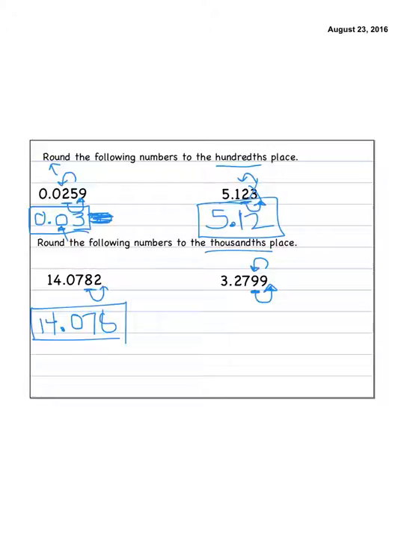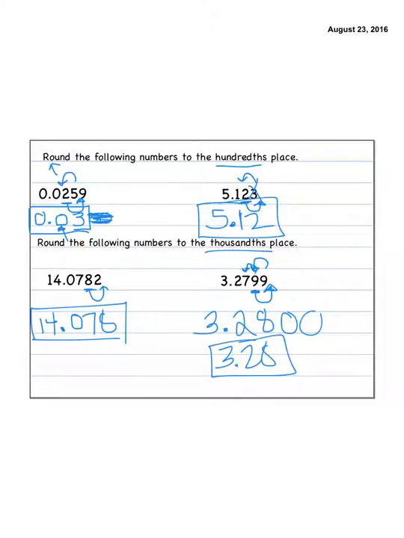So I need to take all of that 10 and add that to my next number. So the 3 and the 2 are going to stay the same. The 7 is going to turn to an 8, and then everything will be a 0. So 3 and 28 hundredths is going to be my answer.